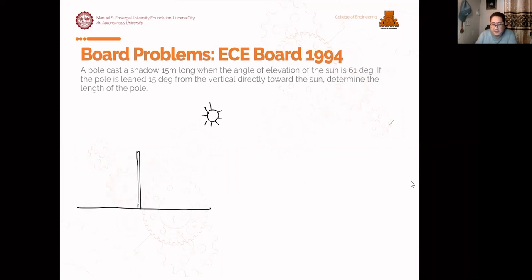And then, pag nandyan yung araw, syempre yung cast ng shadow niya is papunta dito, no? Ito yung shadow natin. Pwede natin yung kulay. Okay, so ito yung shadow niya. 15 meters long yung shadow.